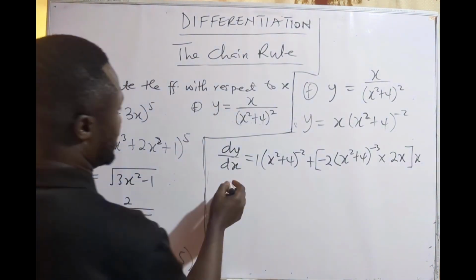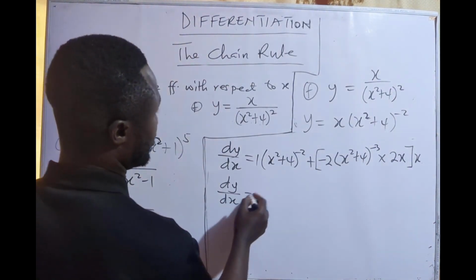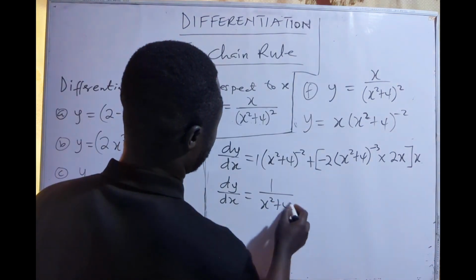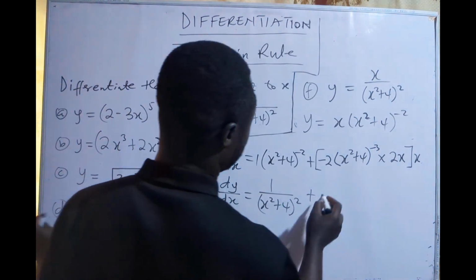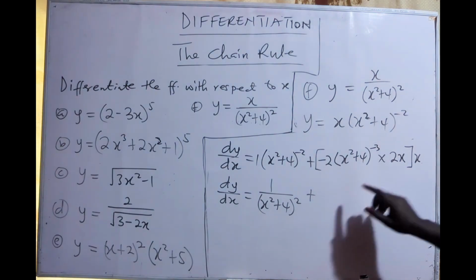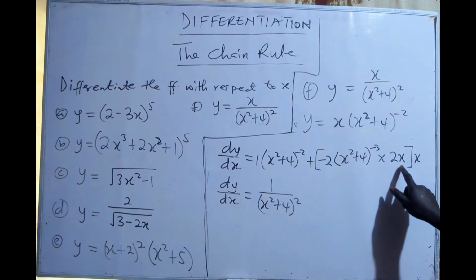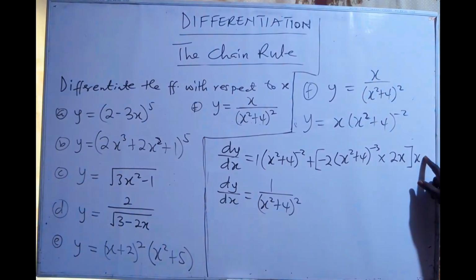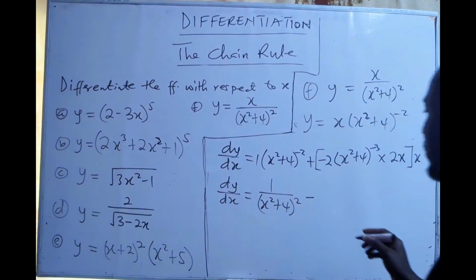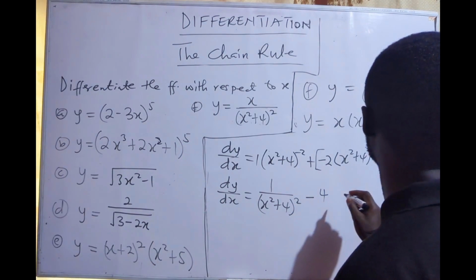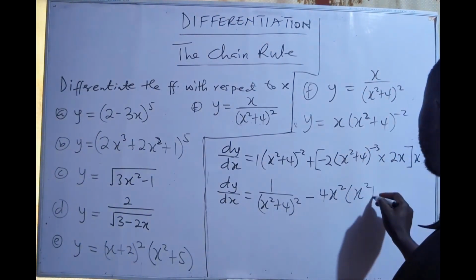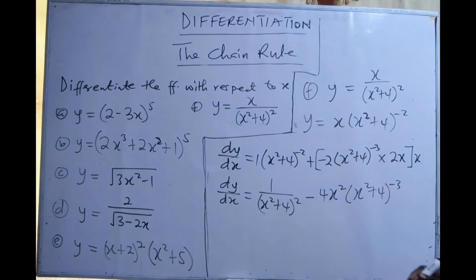So now my dy on dx is going to be 1 over (x squared plus 4) all squared plus, negative 2x will multiply x to give 2x squared, times negative 2, so minus 4x squared, then (x squared plus 4) exponent negative 3.